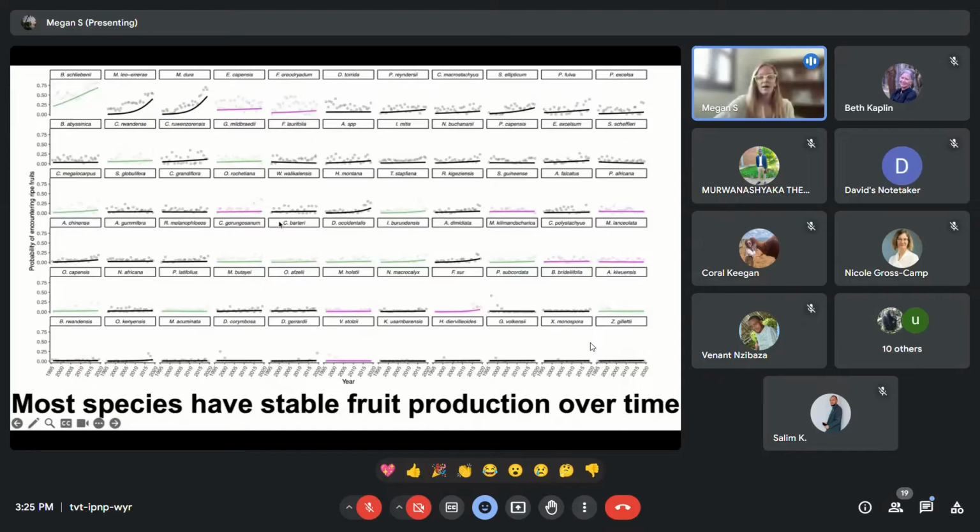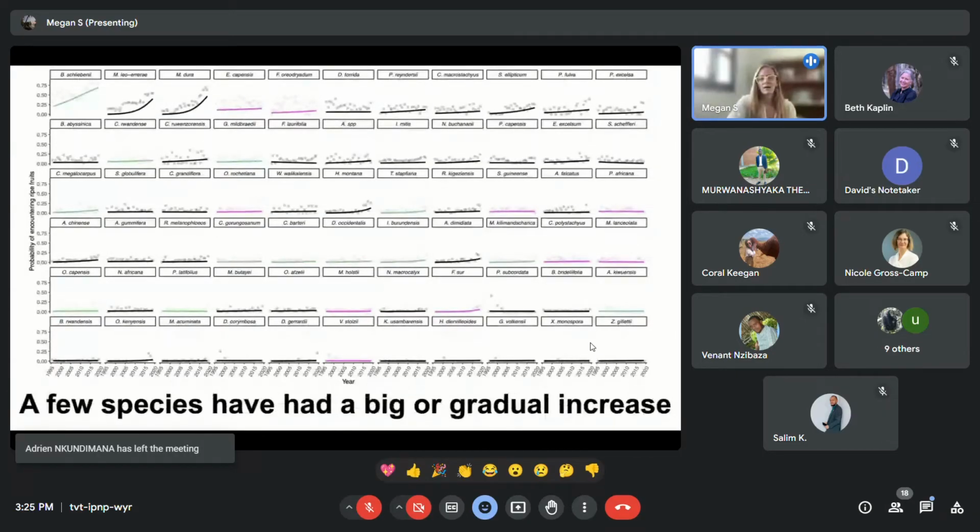overall the pattern is that most species have stable fruit production over time, same as that graph at the beginning. But then a few species, so these top 3 species that you can see here, have a big or gradual increase in fruit production over time.